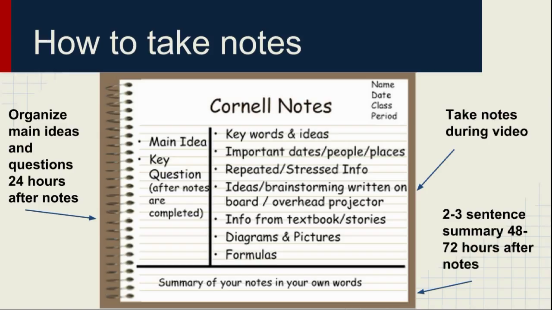You don't want to do all this at one time, and the reason the timing is important is it forces you to go back and review what you've already learned, refresh your memory, and think about it in a way that makes you understand exactly what the main ideas were or what the key questions were. So don't try to do the main ideas right when you're taking notes. Try to go back and do those within a 24-hour time period.